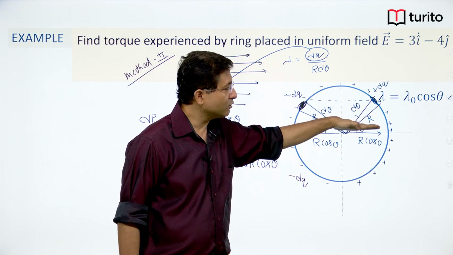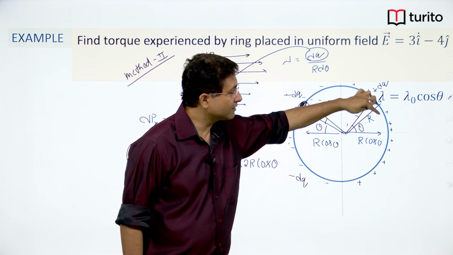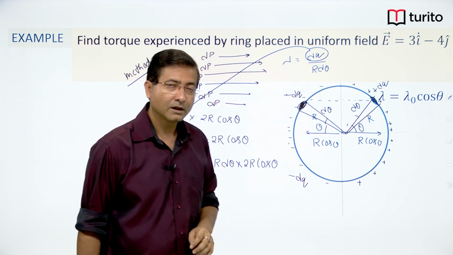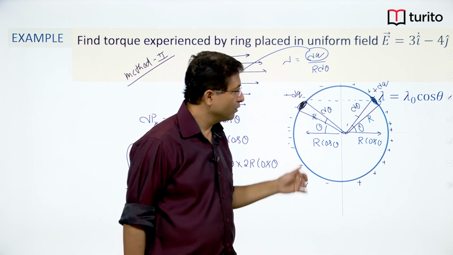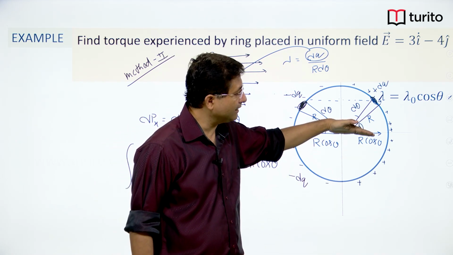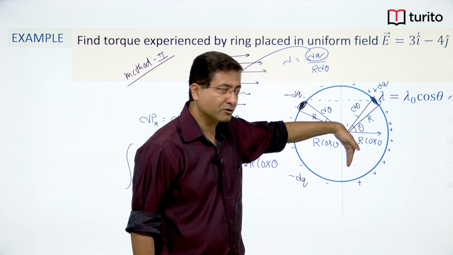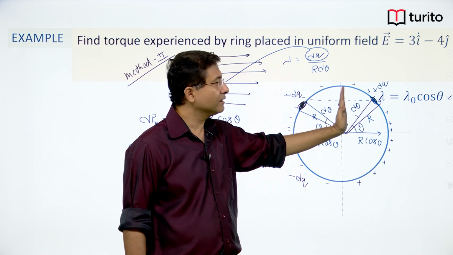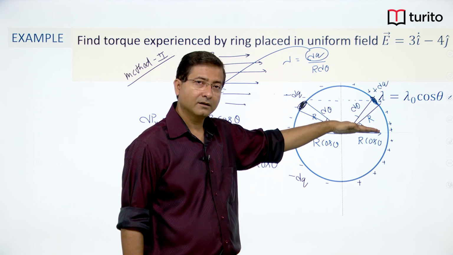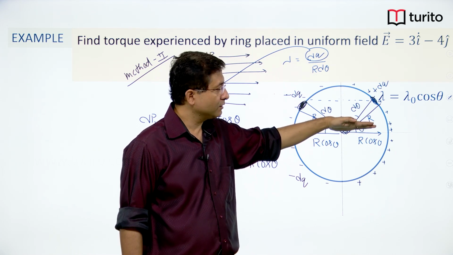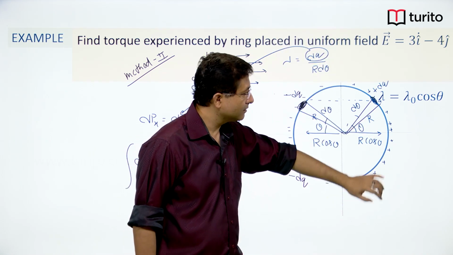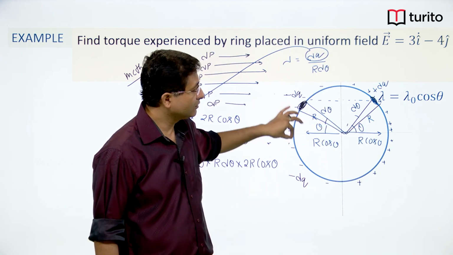Look at the lower part. When you put angle from 0 to minus 90 degrees, because you are going in the opposite direction. Earlier you were going in the anti-clockwise direction, now you are going in the clockwise direction. So when you go like this, then you are combining this part with this part.